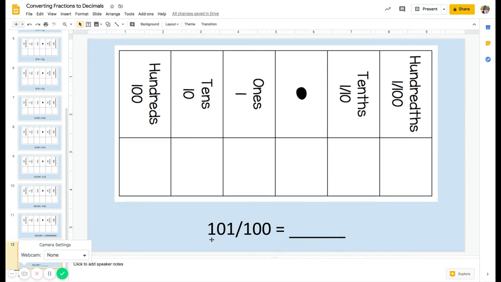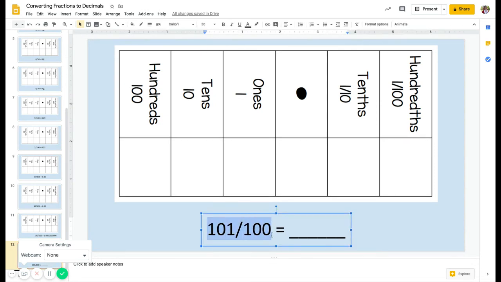And my last one, if I have 101 hundredths, this is kind of a challenge problem. I know that 100 hundredths is 1 whole, so I have 1 here. And I don't have 100 hundredths, I have 101 hundredths.